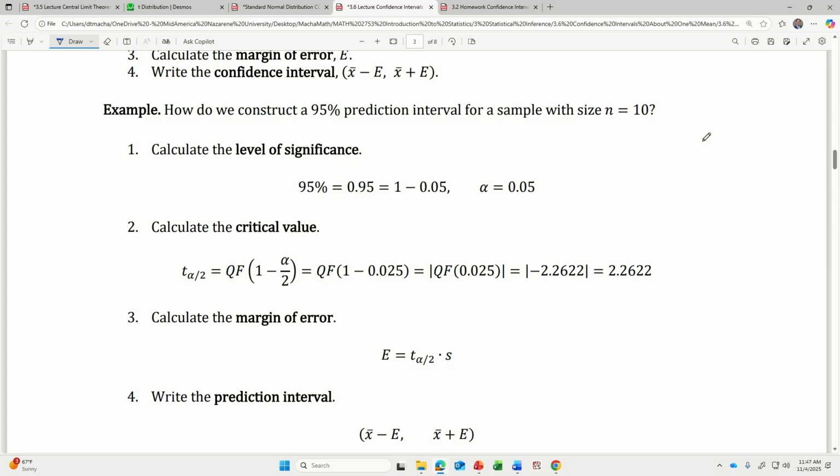Not just 0.05, but that divided by 2, which is 0.025. And then take the absolute value, so I get 2.2622. The margin of error is going to be this critical value times the sample standard deviation.